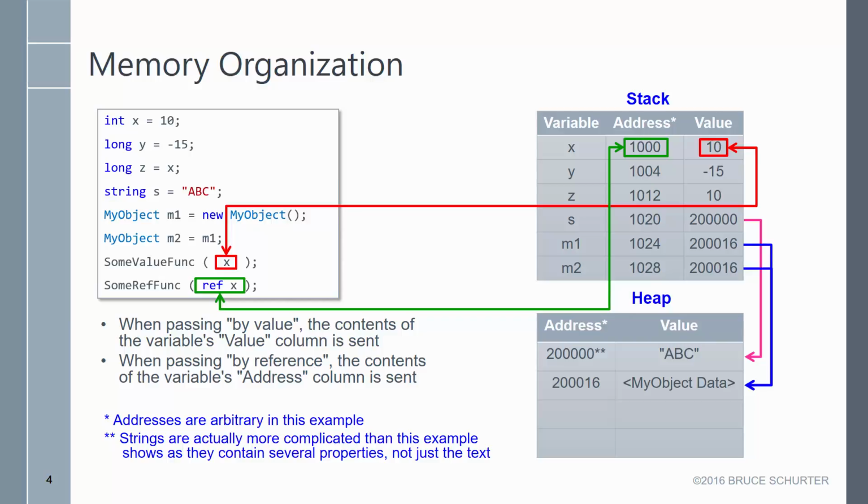And as you can see here, z also has the value of 10 because we assigned the value of x to z. One thing to note, however, these two variables do not point to the same 10. They both have their own distinct copy of 10. So if I were to change x or to change z, it would be independent of each other.